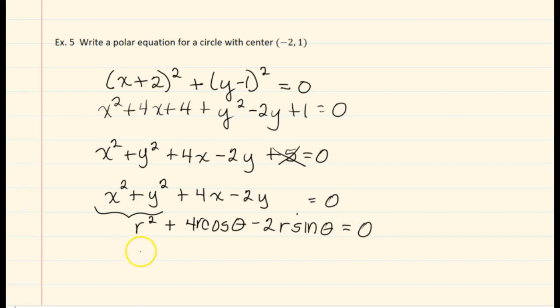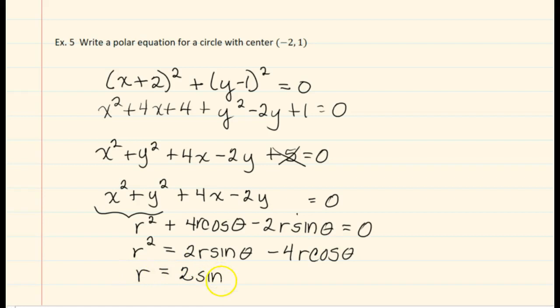Let's rearrange the equation so we have r squared is equal to a positive 2r sine theta minus 4r cosine theta. Remember, we're solving for r, so I'm going to divide both sides by r, and I get r is equal to 2 sine theta minus 4 cosine theta. This is our polar equation for our circle with the center at -2, 1.